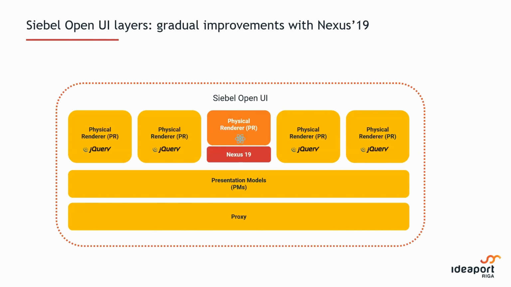Then as we go with the Open UI or Siebel UI transformation, we can change the look and feel of another Siebel view and then another Siebel view. And also we can mix and match the frameworks if there is a reason for that. Let's say in the demo we had, we used the React framework to show the Lightning UI, and then we used the Vue.js framework to do this Midnight UI as well.